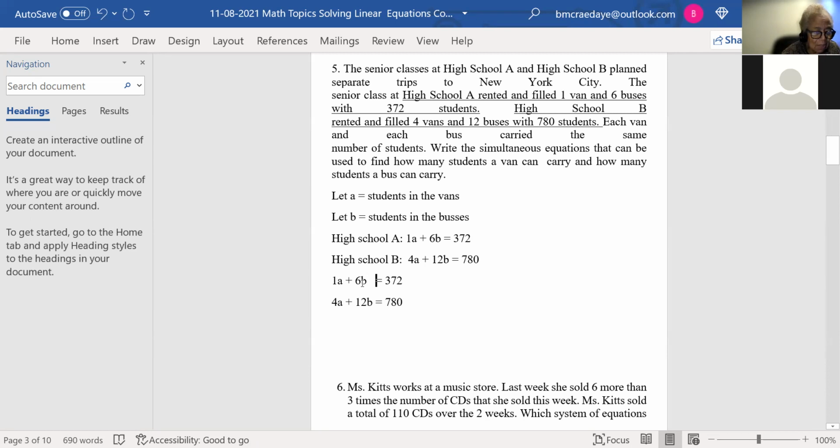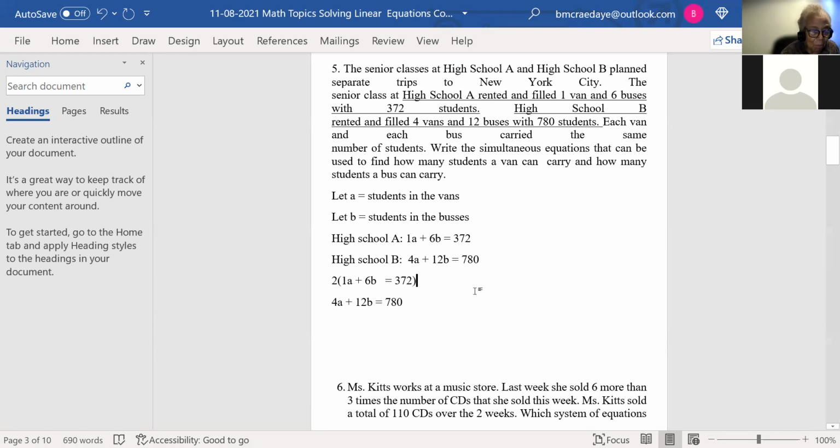So how could I make this 6B a 12B? By multiplying by 2. Yes, multiplying by 2. Now you'd have to do it to the whole equation. Multiply the whole equation by 2.